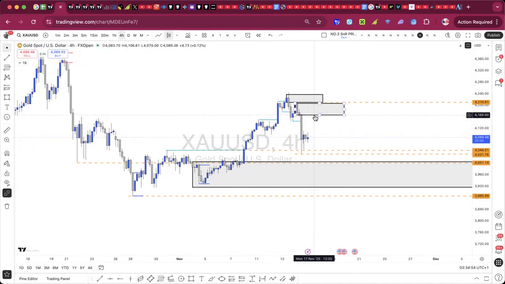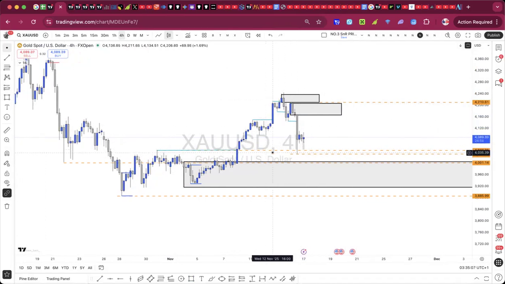So even if the market rallies back here, it's not a guarantee that it's going to go up. Remember, we still have this as the previous day high and this as the previous day low. So just understand that this is a pivot point. So that means on 4 hours, we have a pending unmitigated order block above.